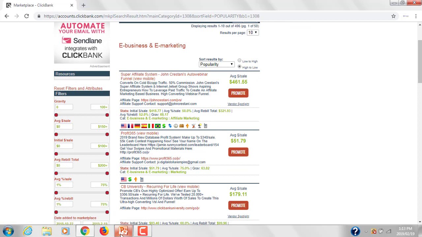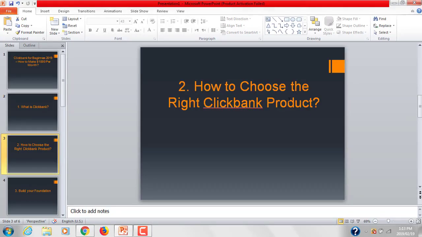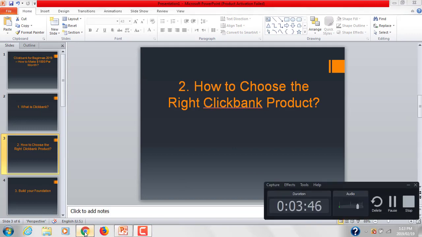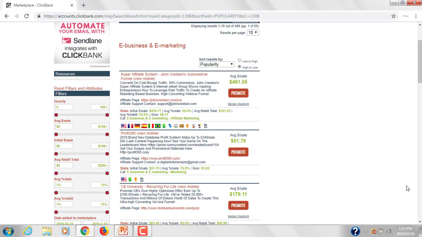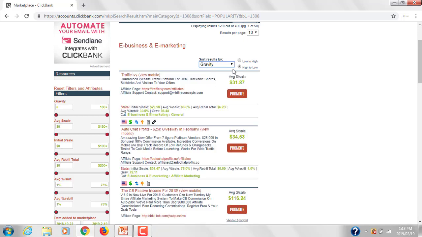And the first, and my second point, is how to choose the right Clickbank product. And here you could see a filter with different parameters, and I generally prefer to filter using gravity. Gravity is actually a number which tells us how many affiliates have sold a particular product in the last 3 months.